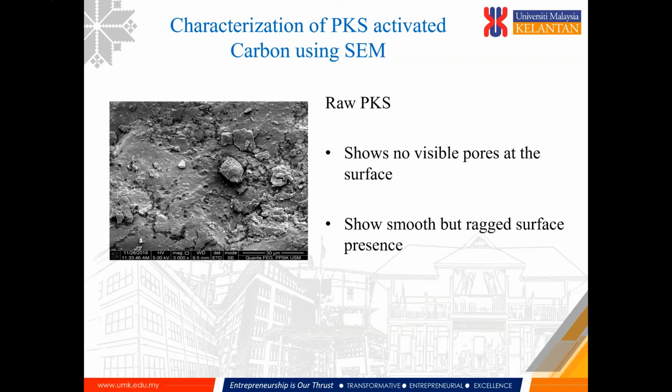Next is the characterization of PKS activated carbon using a scanning electron microscope. This figure shows the raw palm kernel shell. We can see here that there are no visible pores at the surface, and it shows a smooth but rugged surface.